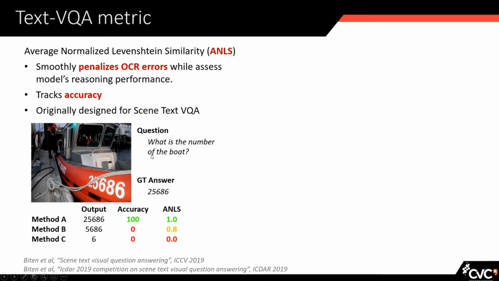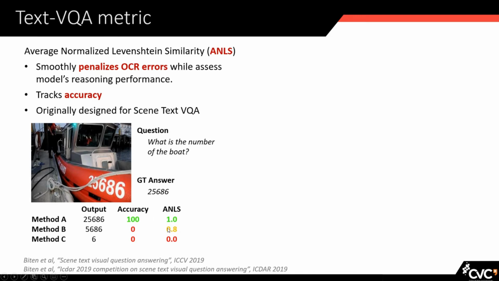In the question, what is the number of the vote? If you answer everything correctly, but you missed a number, it would be unfair to score 0 for this answer. So for this, they propose the average normalized Levenshtein similarity, which is based on the edit distance, the normalized edit distance.